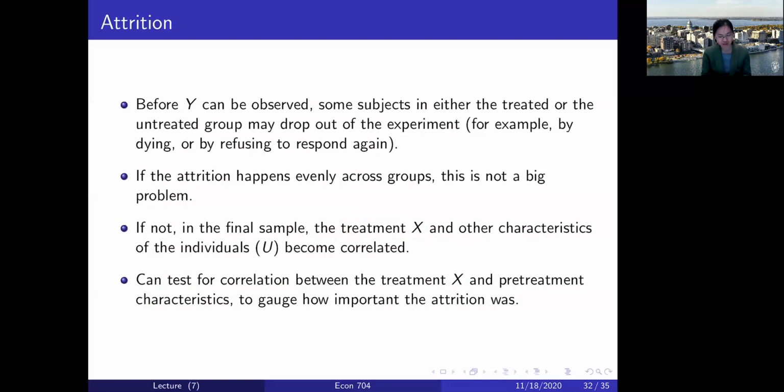And by doing this correlation test, you can assess how important the attrition was, how random attrition was. If you found a correlation between X and some pre-treatment characteristics, then that's a red flag. That means attrition might have happened in a way that affects your internal validity.